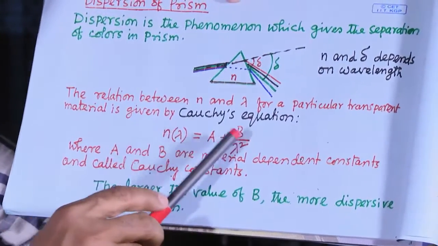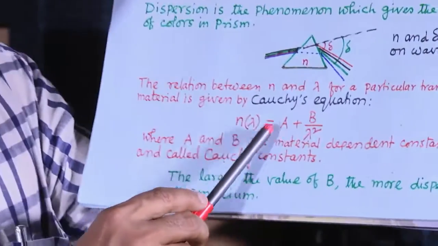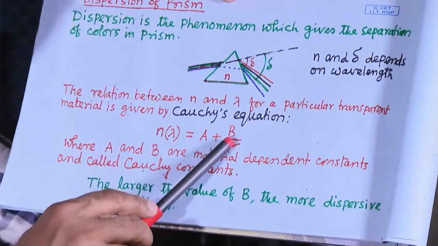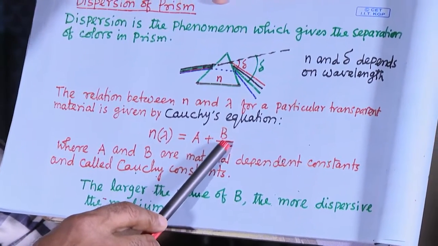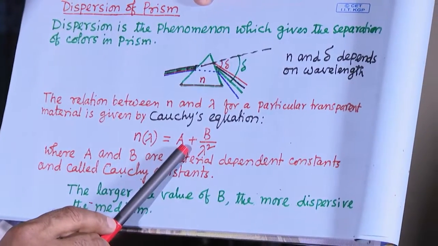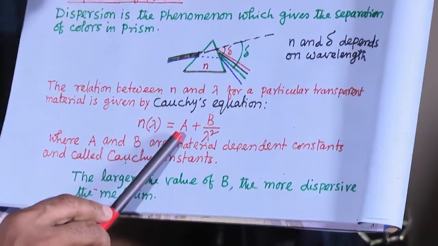This is related with the refractive index of the material of the prism and the wavelength of the light. So basically it's related with the dispersion.